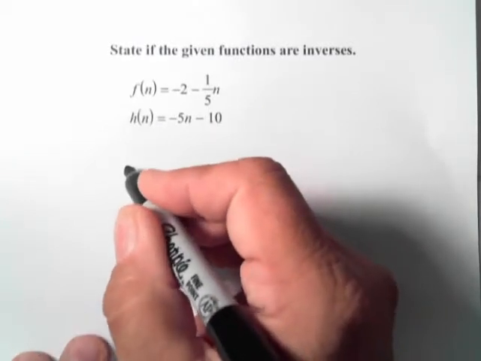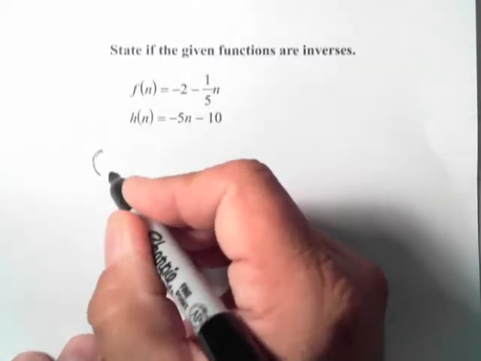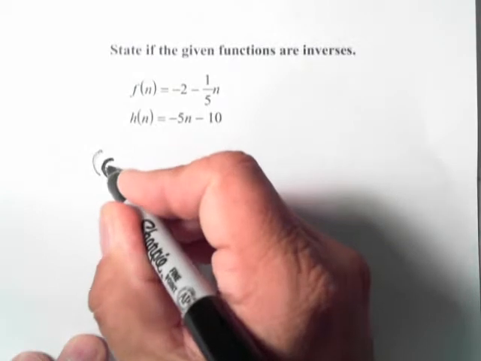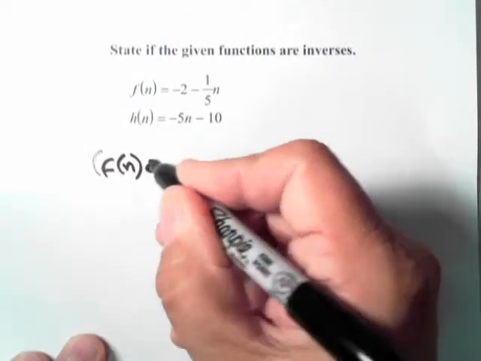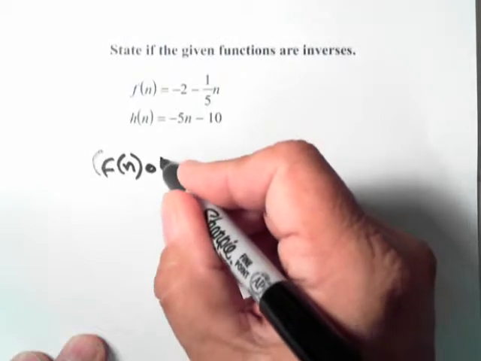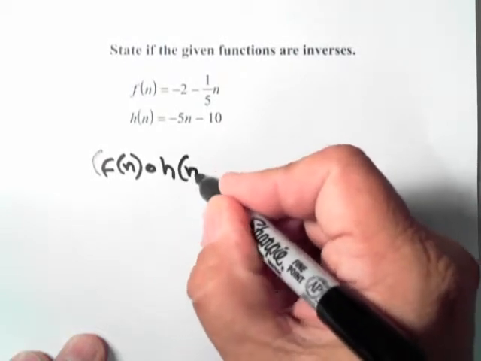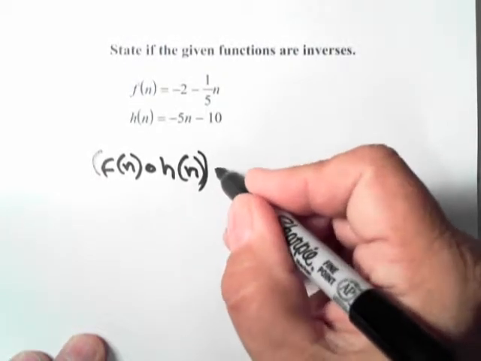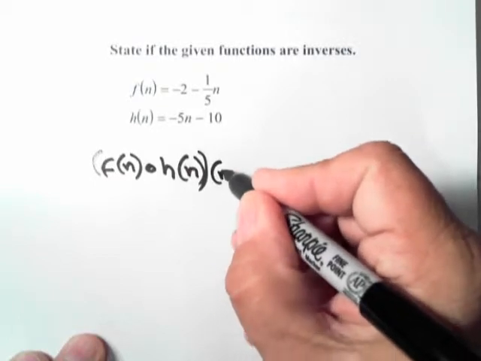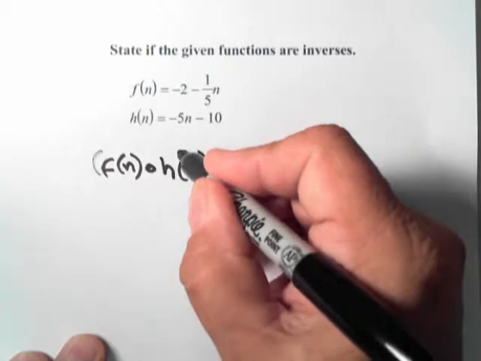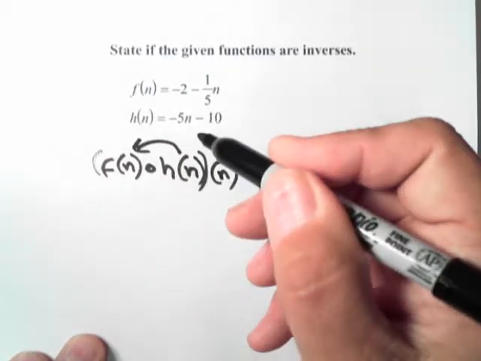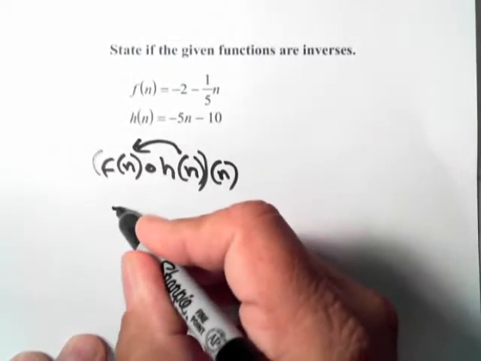So here we go. The first test, I'm going to take f of n and compose, there's my circle, with h of n. We're going to keep the n's in there, so I indicate it like this. Remember, it's always the second one being plugged into the first one.